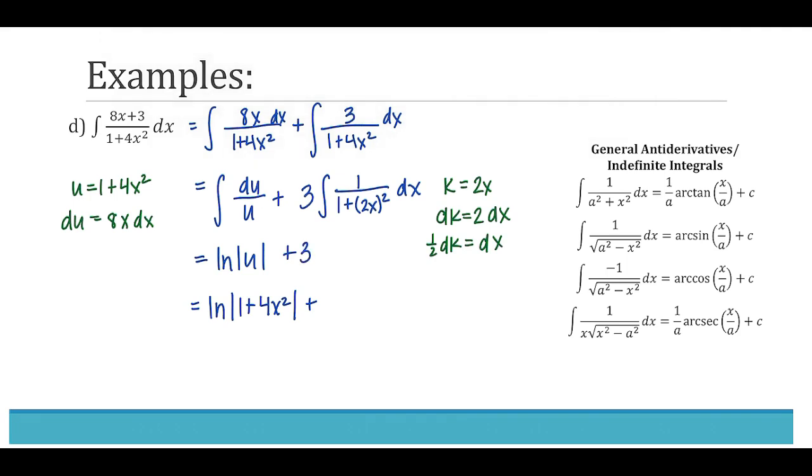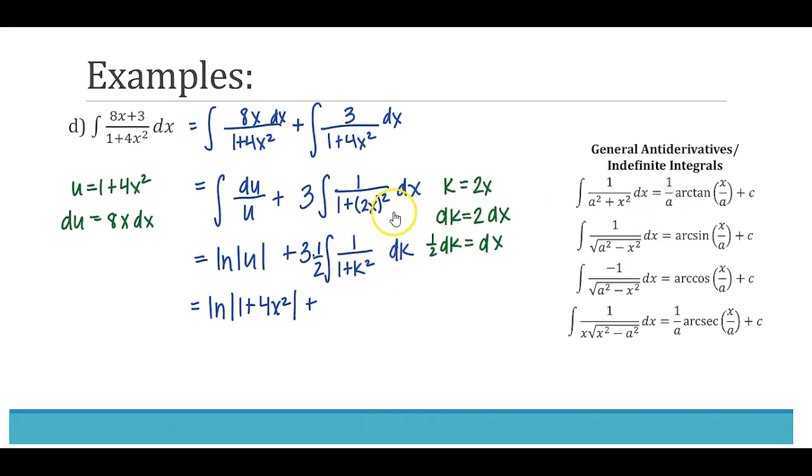So I have a 3 in front. The integral, this dx will become a dk, and the 1/2 I'm going to choose to put in front with the 3. So 3 times 1/2. And now this part is 1 over 1 plus k squared, which is just perfectly arctangent k.